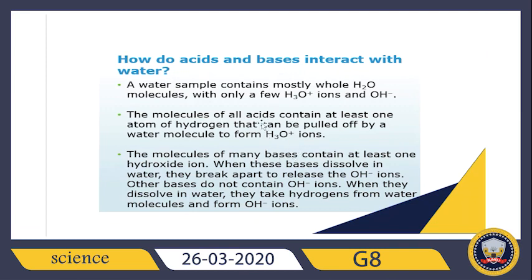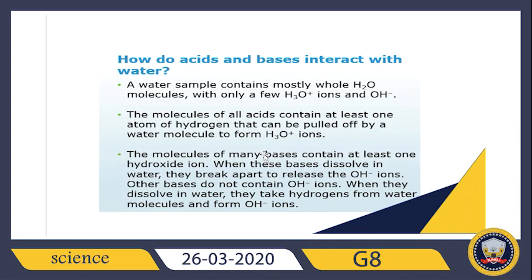Again, all acids contain at least 1 hydrogen atom, and once you mix the acid with water, this hydrogen atom will be attracted by the H2O molecule, resulting in the formation of the positively charged hydronium ion.